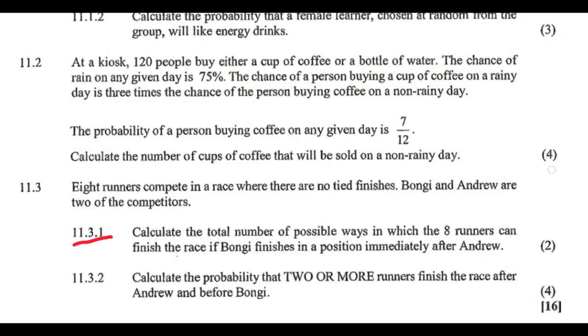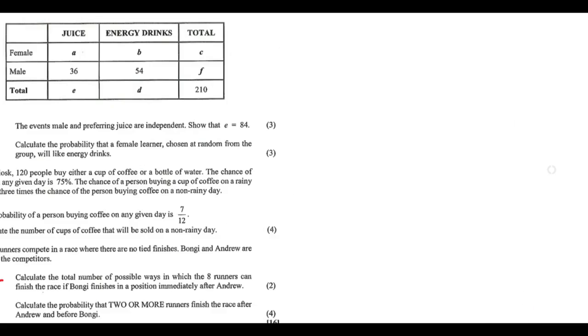Easy question. Now we need to find the total number of possible ways. Must remember there are 8 runners, so there are 8 positions: 1, 2, 3, 4, 5, 6, 7, 8. Now must remember Bongi and Andrew are a single combined unit.